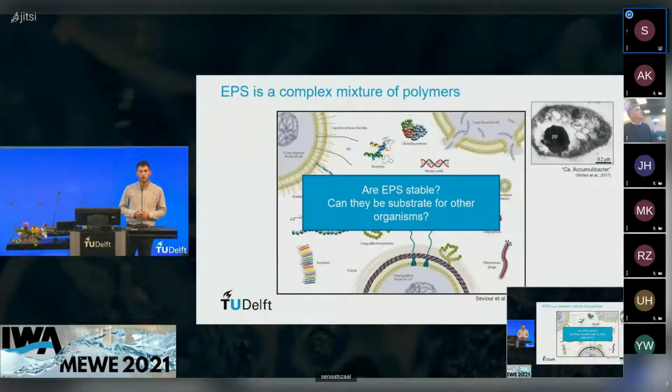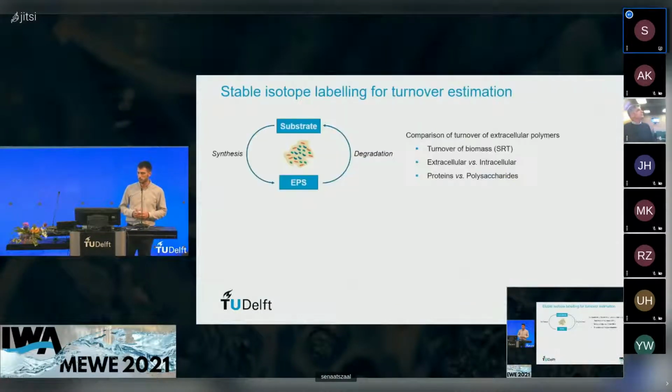So in order to do that, what we did was to study the turnover of these polymers, and what we mean by turnover is the rate at which they are recycled. So we would see them as if from a substrate we would produce them, and then they would also maybe be used either by the same organism or by others as substrate.